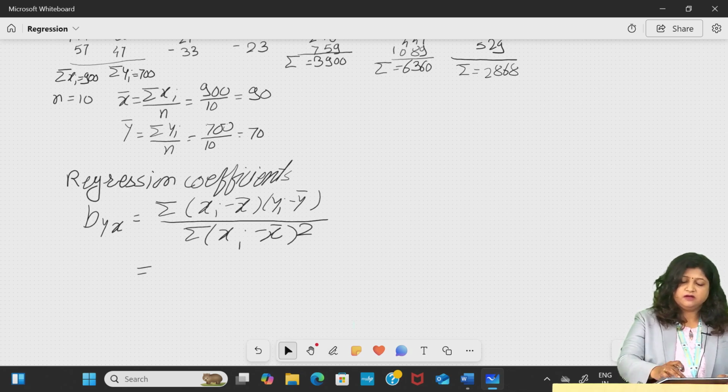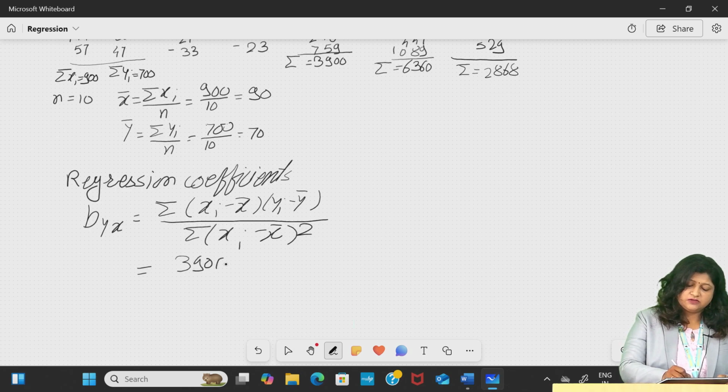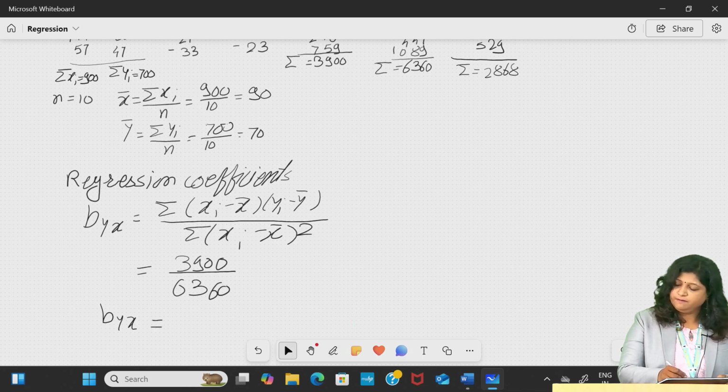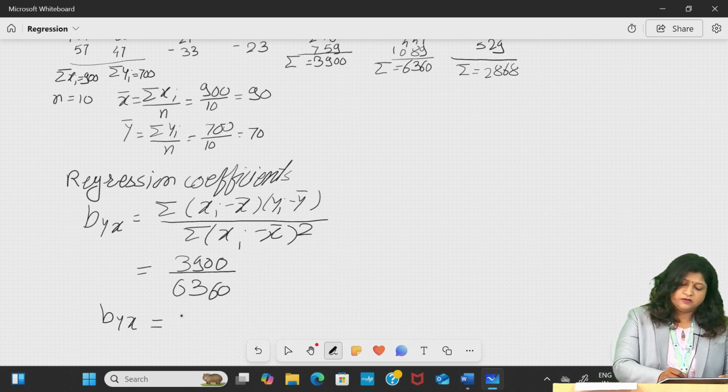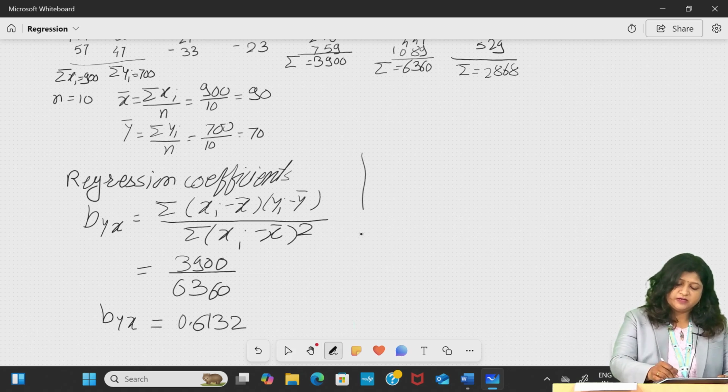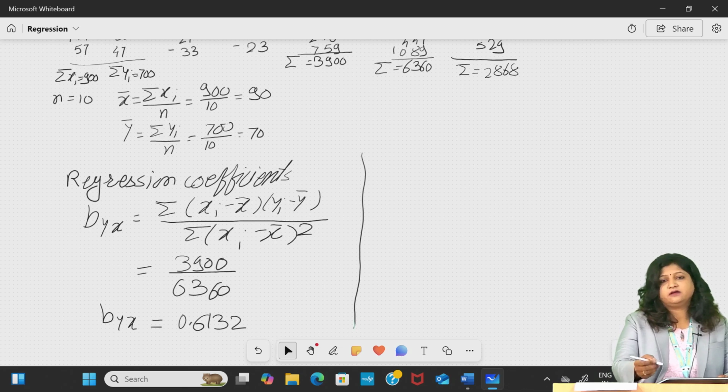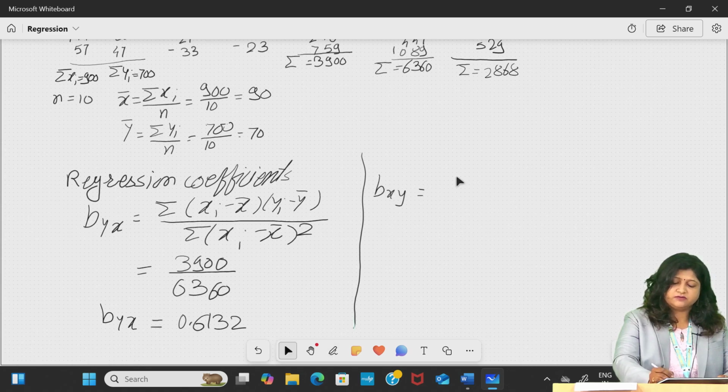We put the calculated values of the sums in this formula, that is 3900 upon 6360. So our byx value is equal to 0.6132.